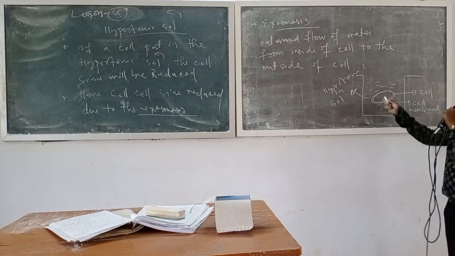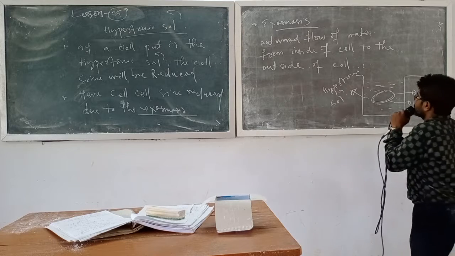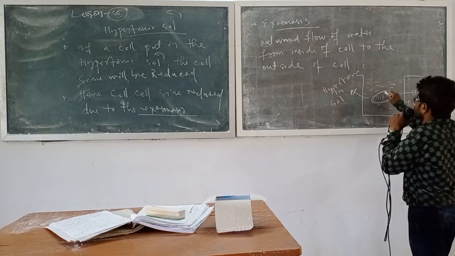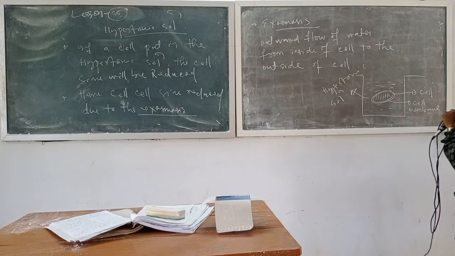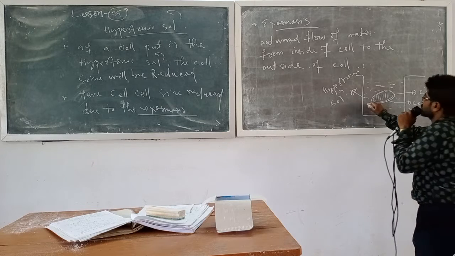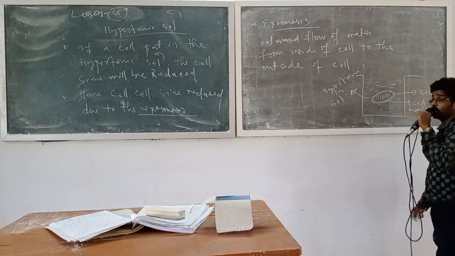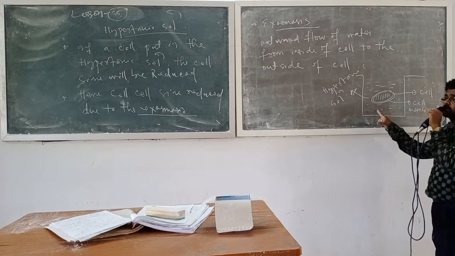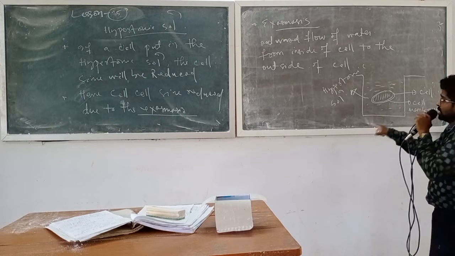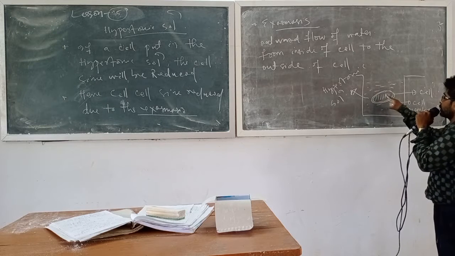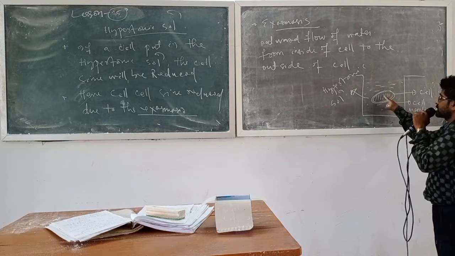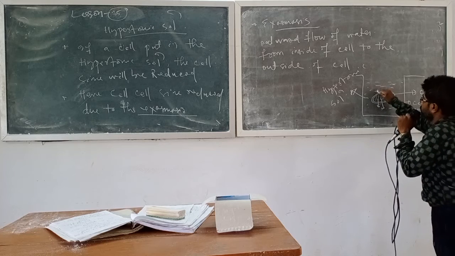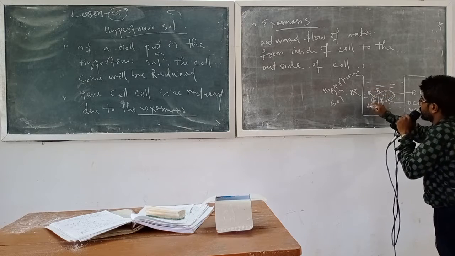Inside the cell there is also a solution. Hypertonic solution has more osmotic pressure and a lower amount of water. Water amount is very less here. So through the cell membrane, water will pass from inside of the cell to the outside of the cell.